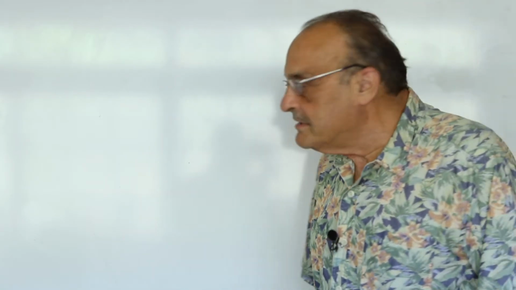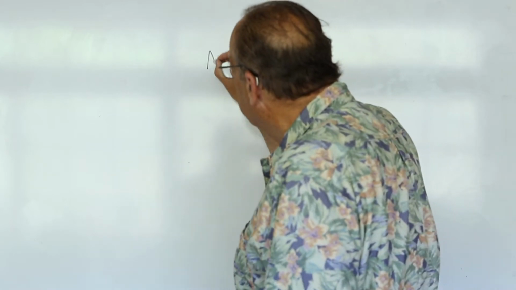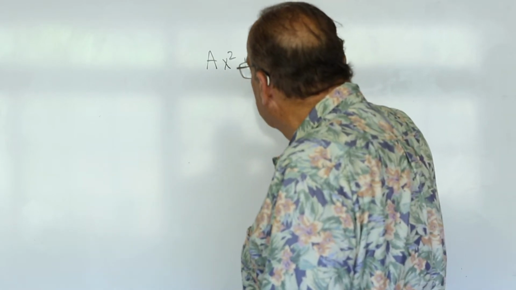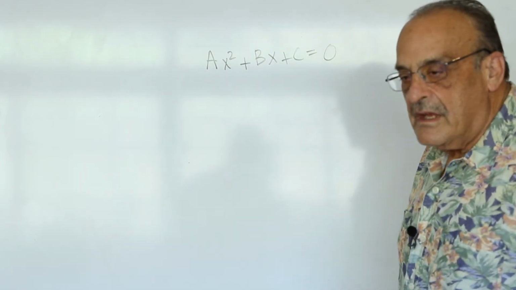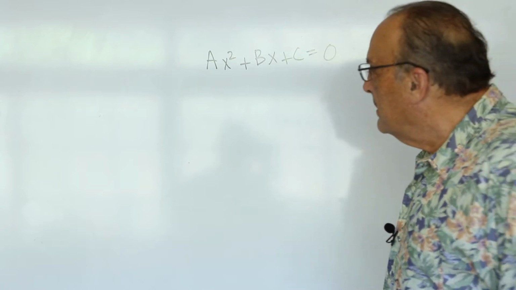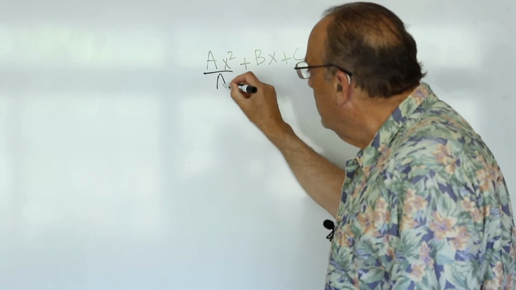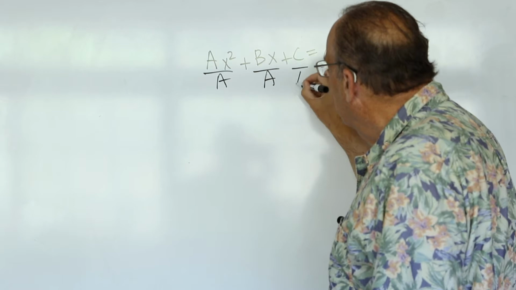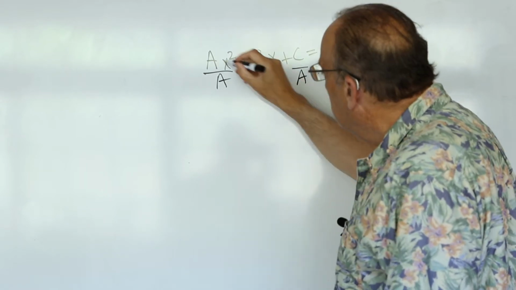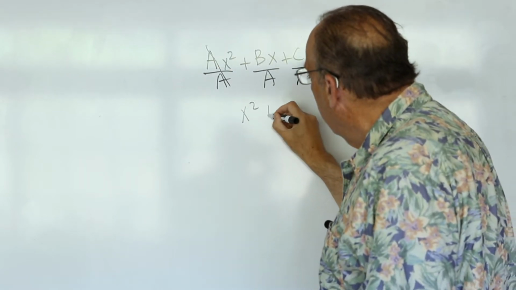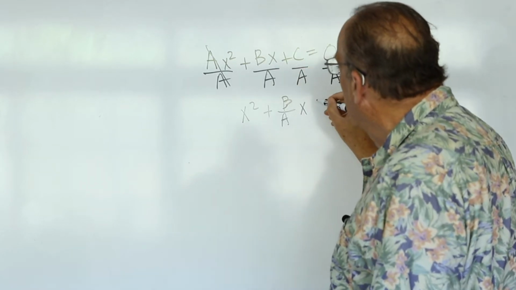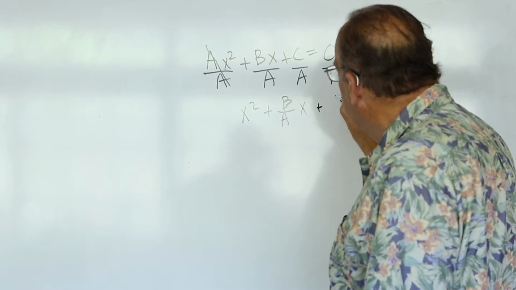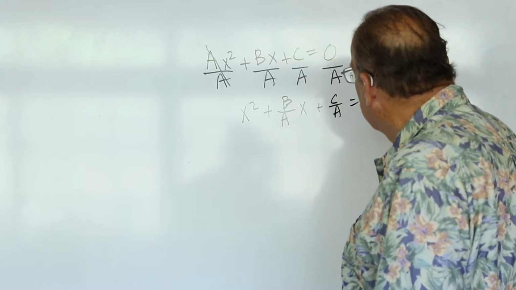So now we're going to use the old Babylonian method to derive the quadratic formula. If we have ax squared plus bx plus c equals 0, I can divide both sides of the equation by a. The a's cancel in x squared plus b over a x plus c over a equals 0.